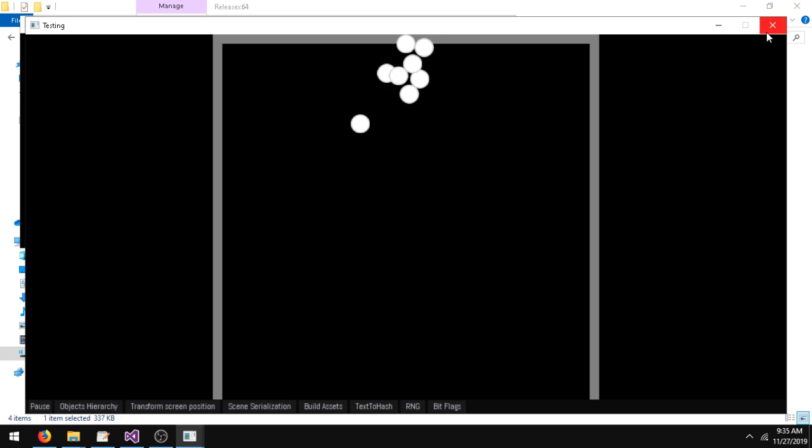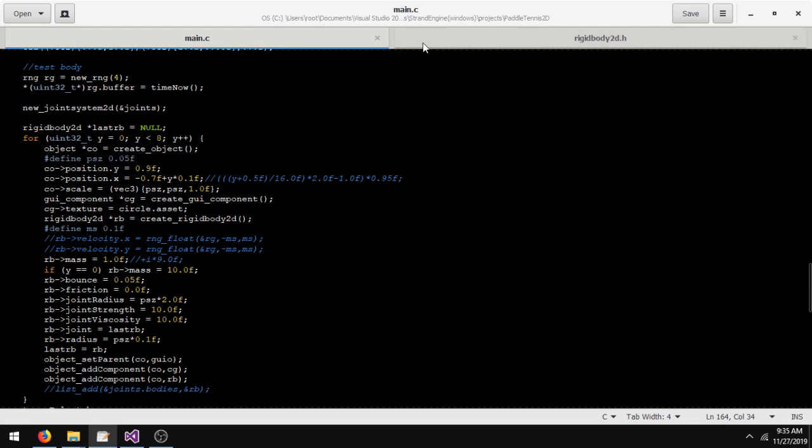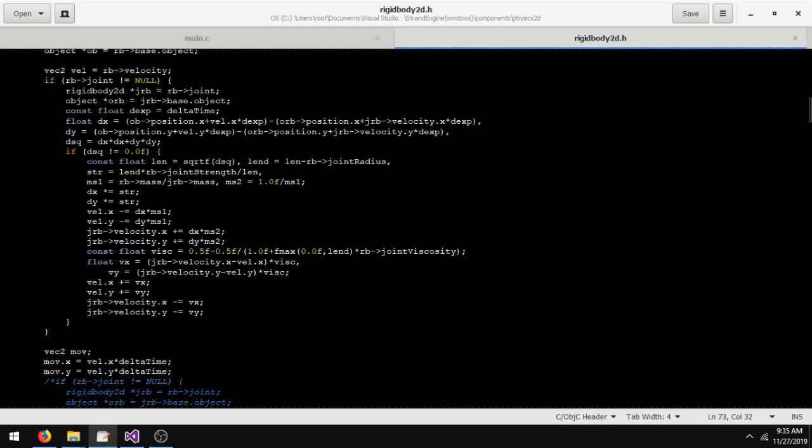Okay. I gotta figure out another way to do this. This spring joint might work well if I can actually get this mass into the calculation. I think maybe limiting this to 1.